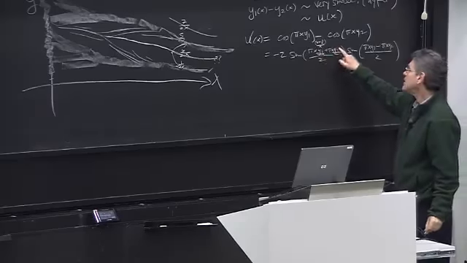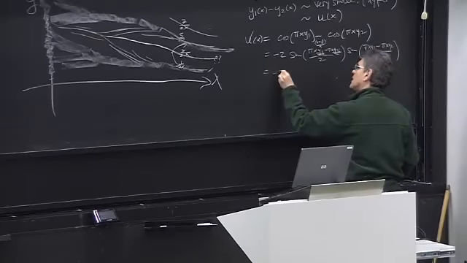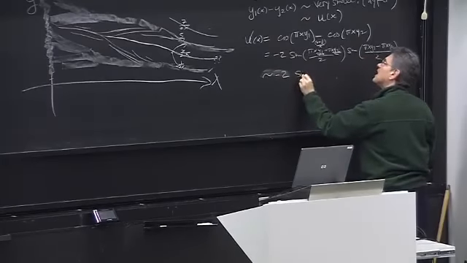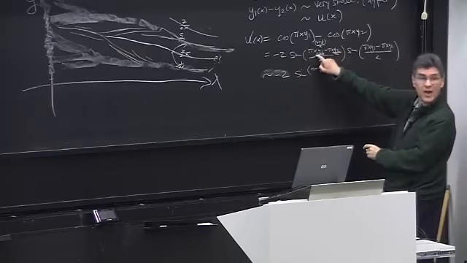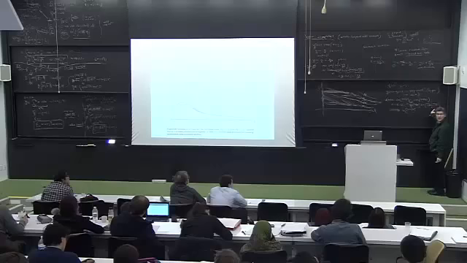So we're adding the same thing and dividing by 2. So this would be asymptotic to minus 2 times the sine of n plus 1/2 over x times pi. And that's the sign of the difference.